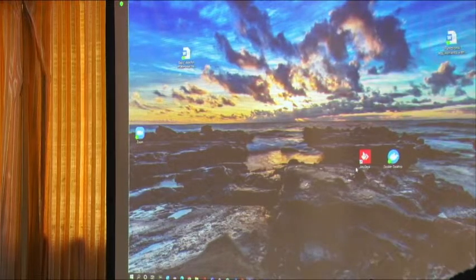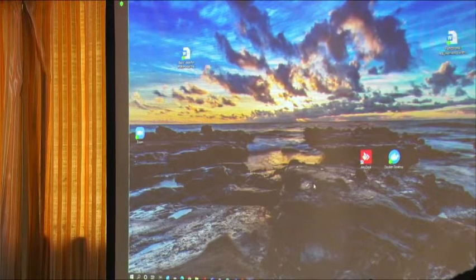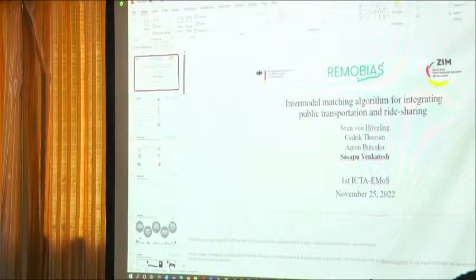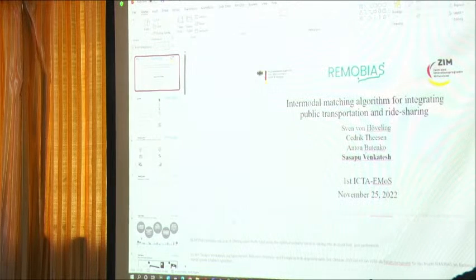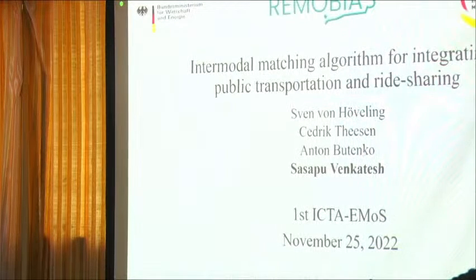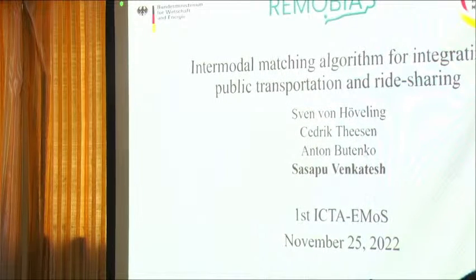Okay, can you see my screen now? Unfortunately, not yet. And now? No. It looks like I shared my screen. Yes, we can see it. Okay. Thank you very much.